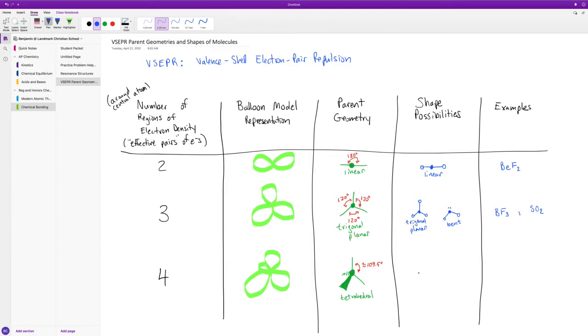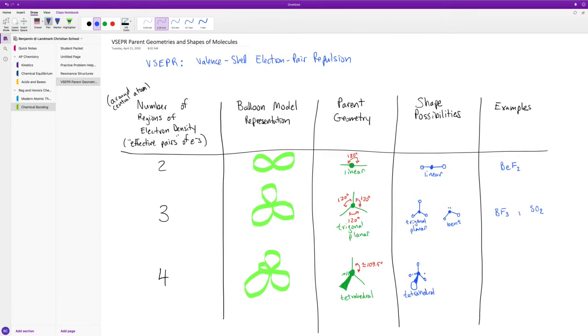There are 3 possible shapes that we can get. The first shape is simply the name of the parent geometry, tetrahedral. So those are a little bit hard to draw. But we've got 2 of these white atoms in the plane of the board, one that's coming out towards us away from the central atom, and then one back behind the plane of the board. That's a tetrahedral molecule, and there's lots of molecules that are tetrahedral like that.